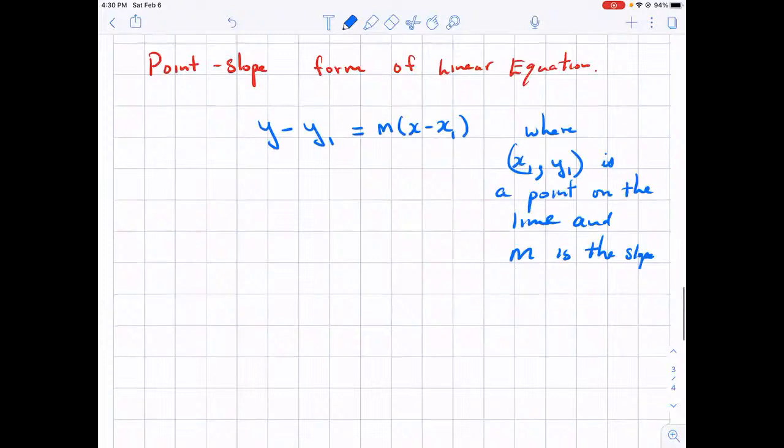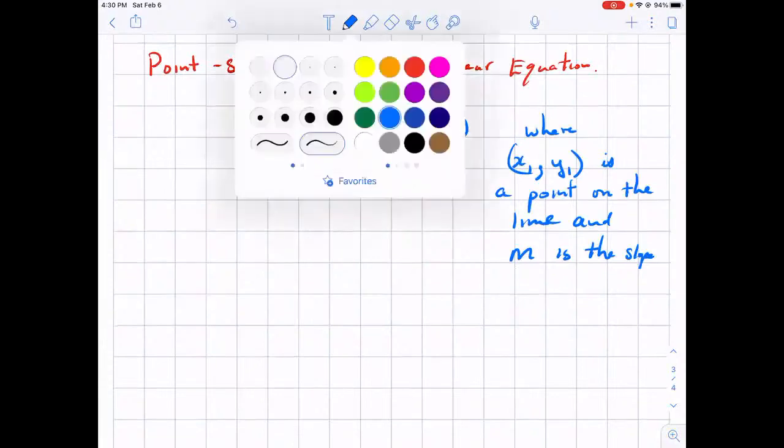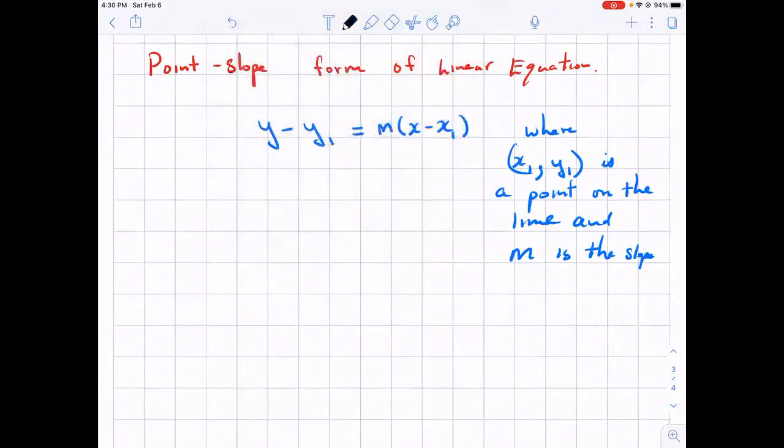Okay? So we can use this here, or we can use slope-intercept. It doesn't really matter. Okay? If I have an example where the point is not the y-intercept.